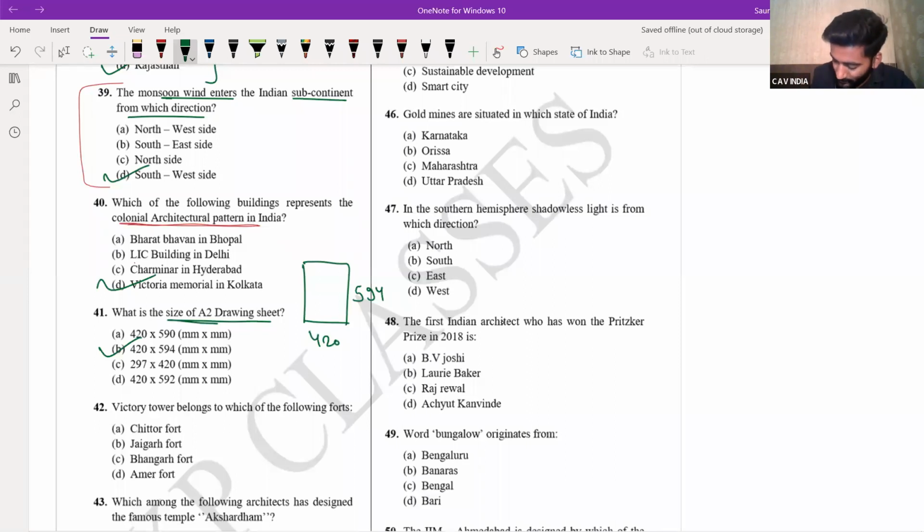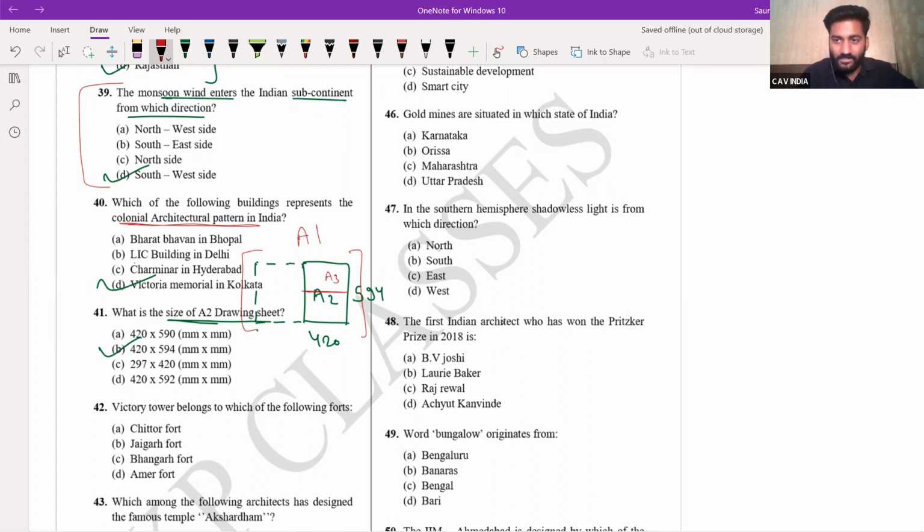But then if you double it in this direction, that is 594 by 841, it will become an A1 sheet. This is A2 and this complete is A1. That also means that when you need to make A3, you need to half it, which also means that you memorized the dimensions of A2 sheet.